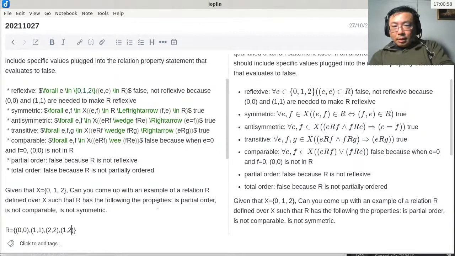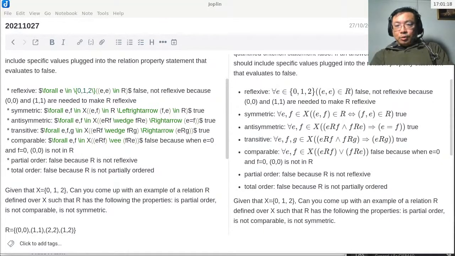So let me look at the text channel here. Is the reason why R is transitive because we cannot make it false? Okay, that's one thing you can also say, is we cannot make it false. And if you cannot make it false, then it's automatically true. But let me take a look at the example here.